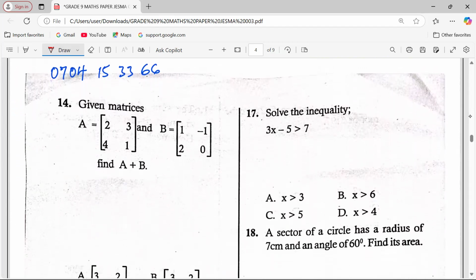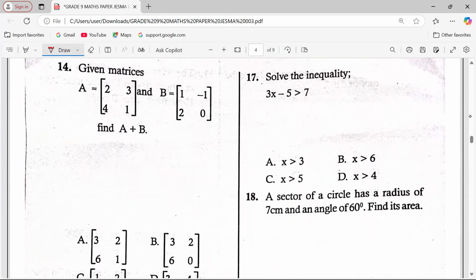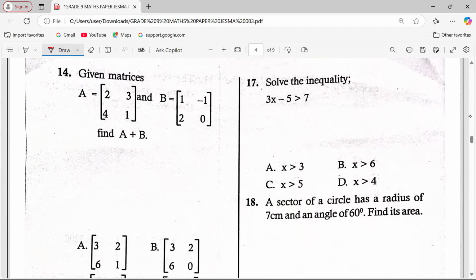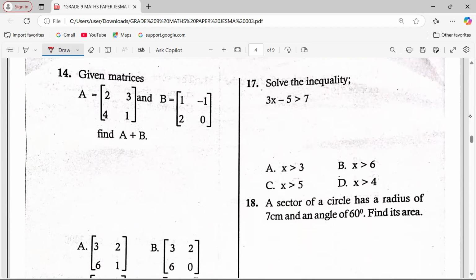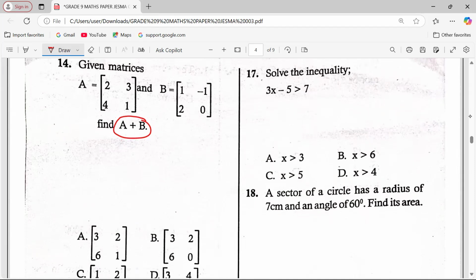We proceed to number 14. Given matrices A equals 2, 3, 4, 1, and B equals 1, -1, 2, 0, find part A, matrix A plus matrix B. It's good for you to know that for 2 matrices to be added, they are supposed to be of the same order, and for them to be subtracted, they are also supposed to be of the same order.